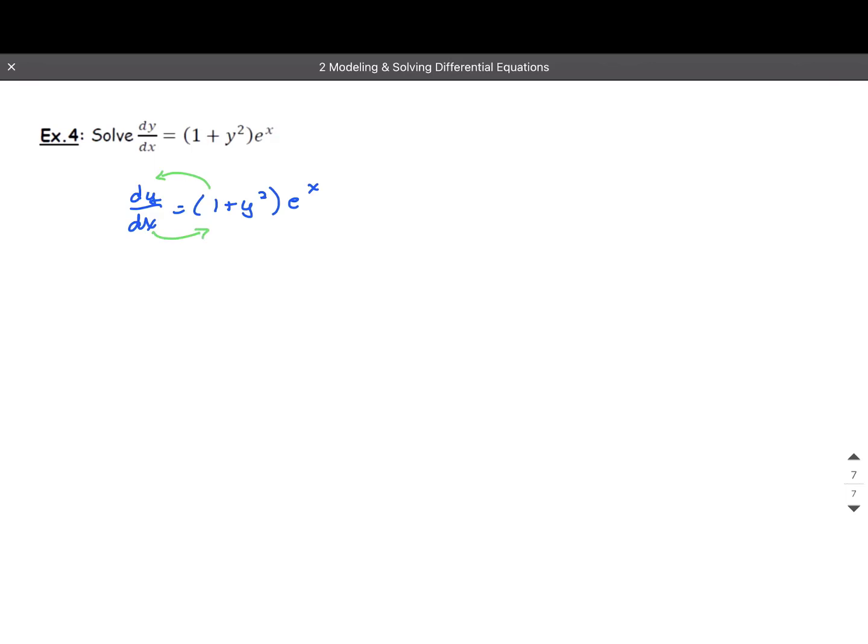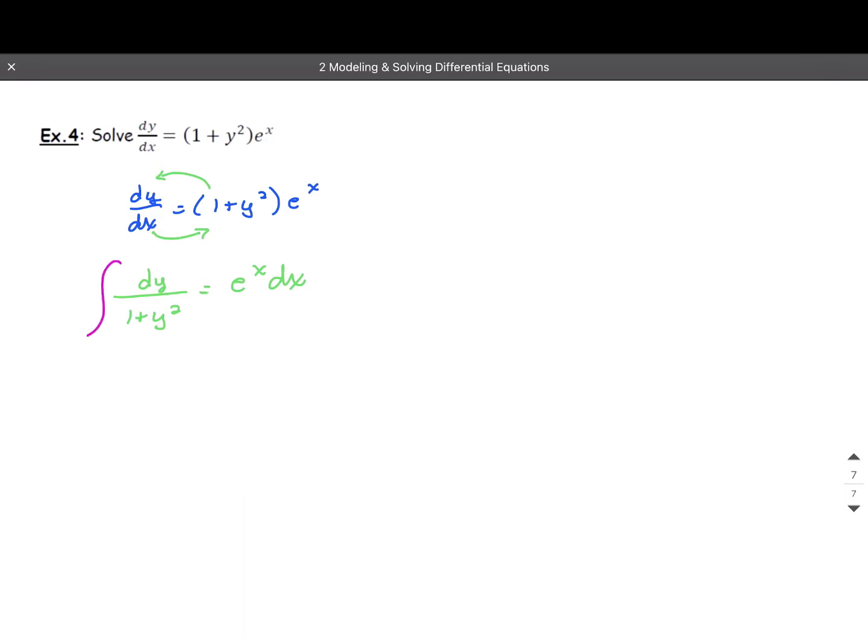The key is your dy and your dx have to be on the top line. They cannot stay in the denominator when we integrate. You cannot integrate 1 over dx. So the dx has to go to the right-hand side, and the dy has to stay on the left-hand side. So when I divide by 1 plus y squared and multiply by dx, there's my separation of variables.